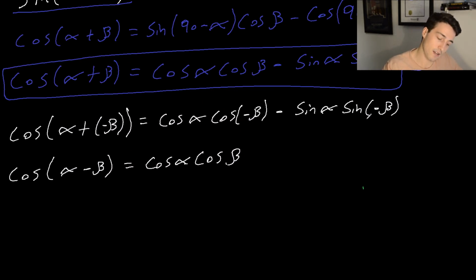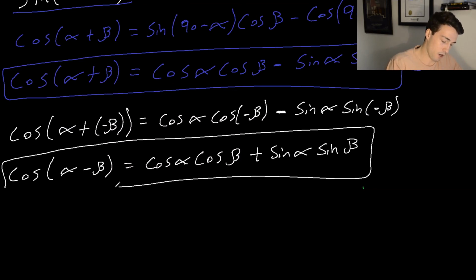In this case though, sine of negative beta, well, if it's flipped over the y-axis, it also will be flipped over the x-axis, and that will have a symmetry of an odd function. So instead of this minus out here, it's actually going to be plus sine of alpha times sine of beta. And now we have our fourth compound angle identity.